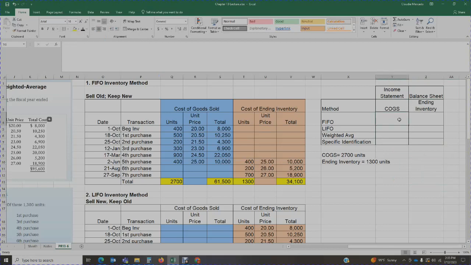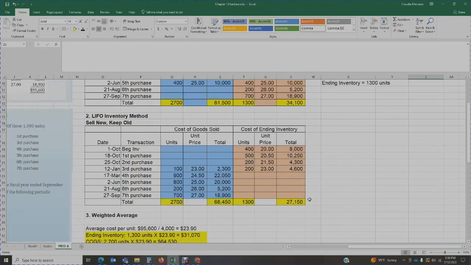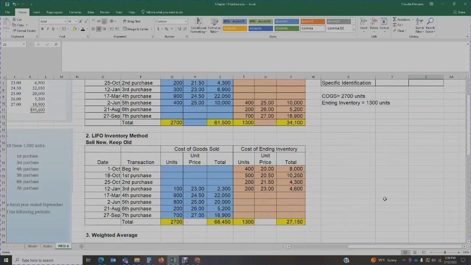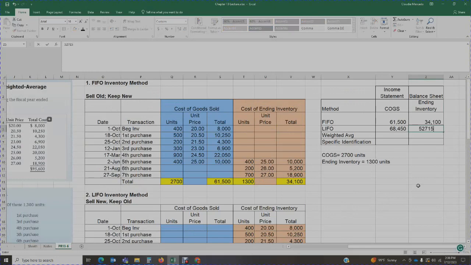For FIFO, my cost of goods sold was 61,500, and my ending inventory was 34,100. For my LIFO, I had 68,450, and then for my ending inventory, 27,150.